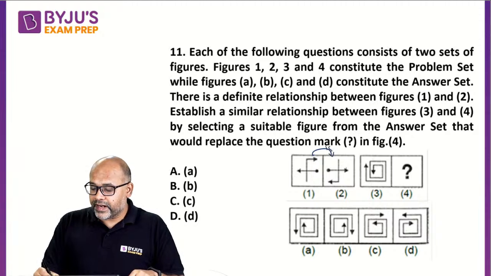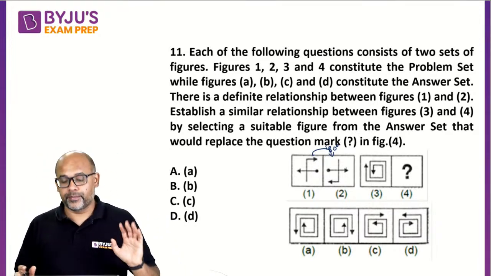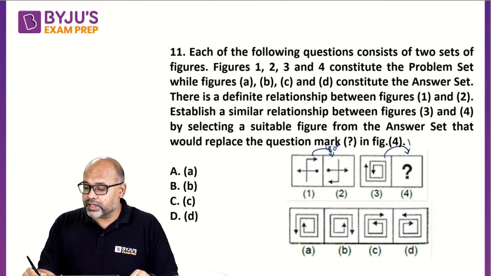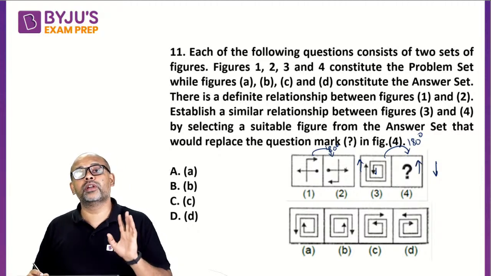You have taken a 180 degrees turn, twisting it 180 degrees, that's all. So this also has to turn by 180 degrees. So up arrow should be down arrow should be up arrow. That is what should happen.